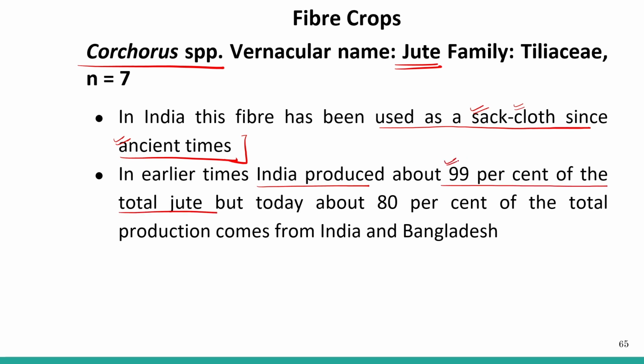So now you can imagine that we were in the first position in producing jute. But today about 80% of the total production comes from India and Bangladesh. So we are the two countries that produce 80% of the world's jute.